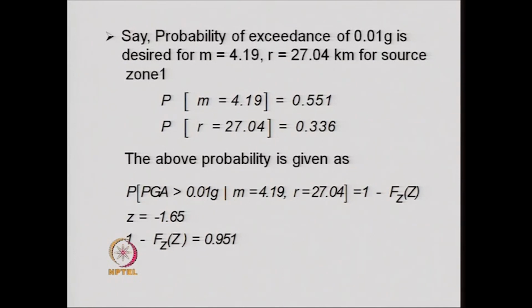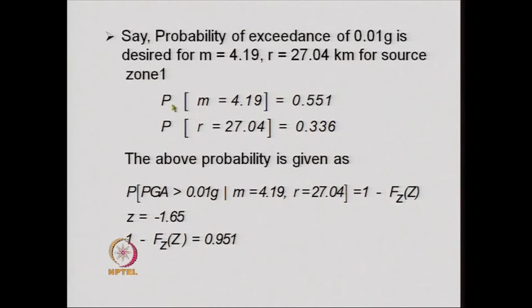So what we do is that for the probability of exceedance of 0.01 g, for a magnitude of earthquake of 4.19 and an epicentral distance of 27.04, for source zone 1, can be calculated from the histograms that I have shown.